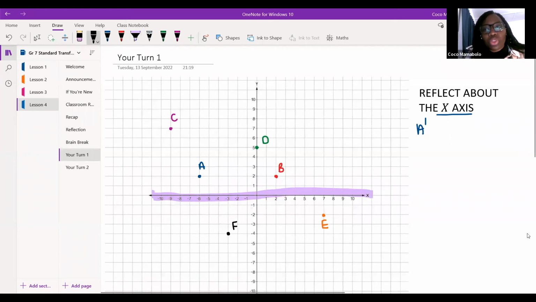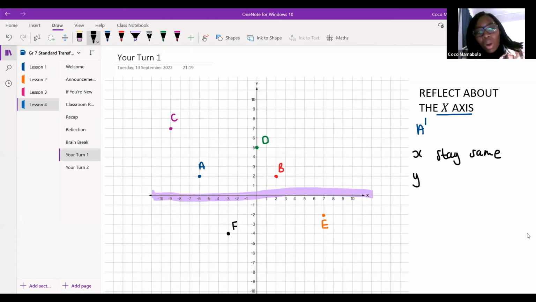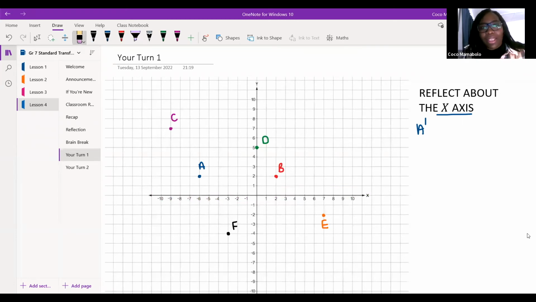And remember the rule says, guys, that my x will stay the same and my y value will change sign. Okay. Pop them in the chat whenever you're ready. Give me what A prime is, what B prime is, what C prime is, D prime, E, and F.